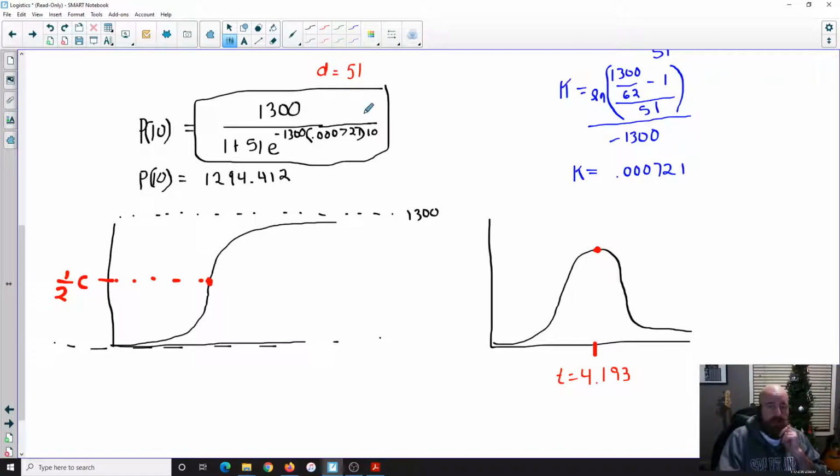The other thing you could do is graph the second derivative of the function and find out where it's 0. So the x-intercept. You should get the same value. So I would try both of those, see what you like doing better, and then go from there. So that's when we would have growing the fastest, this time.